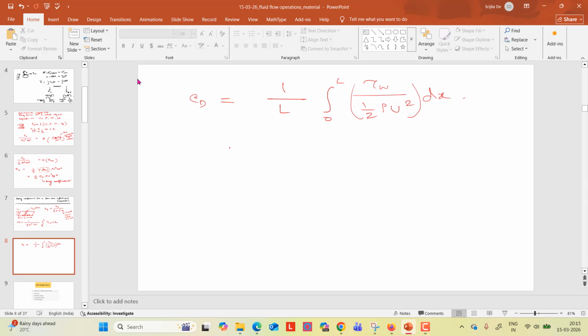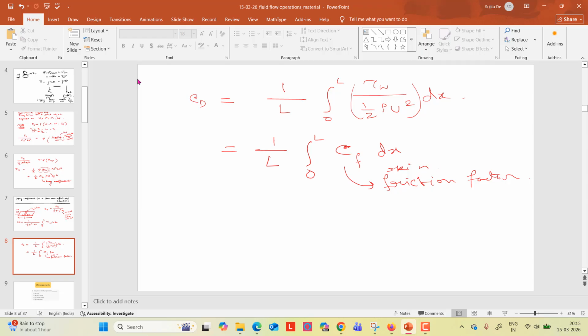So this term we can write together, 0 to L, this is CF dx. This term is represented as the friction factor, right? When we calculated the drag friction coefficient expression earlier inside the fluid flow, this term came there, right? This is the skin friction factor or coefficient, whatever it is.